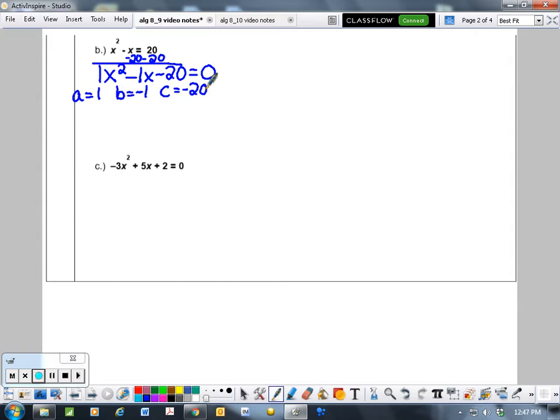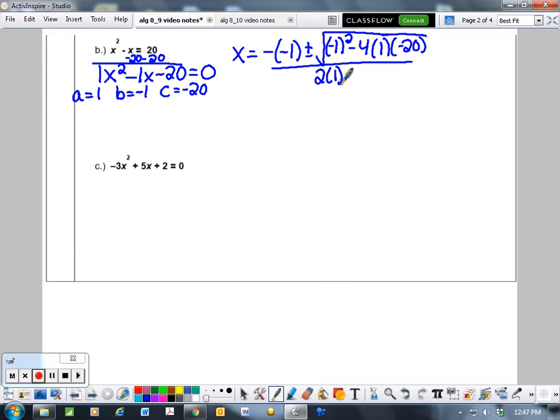So now we're going to go ahead, x equals negative b plus or minus the square root of b squared minus 4ac, all over 2a. Whew.